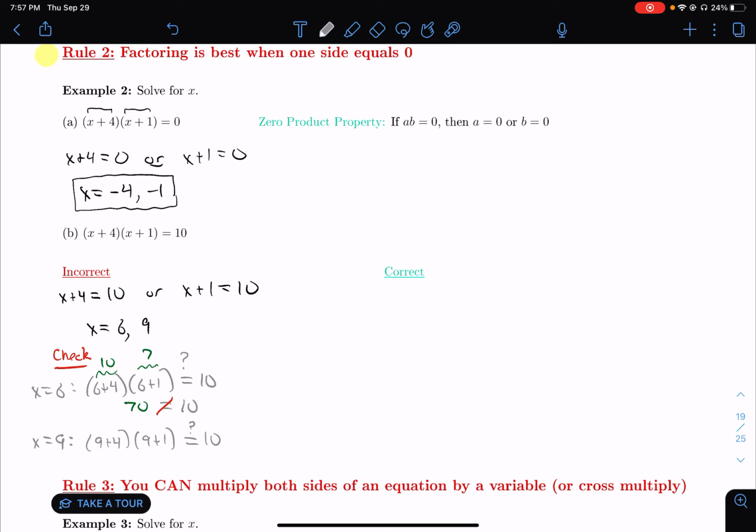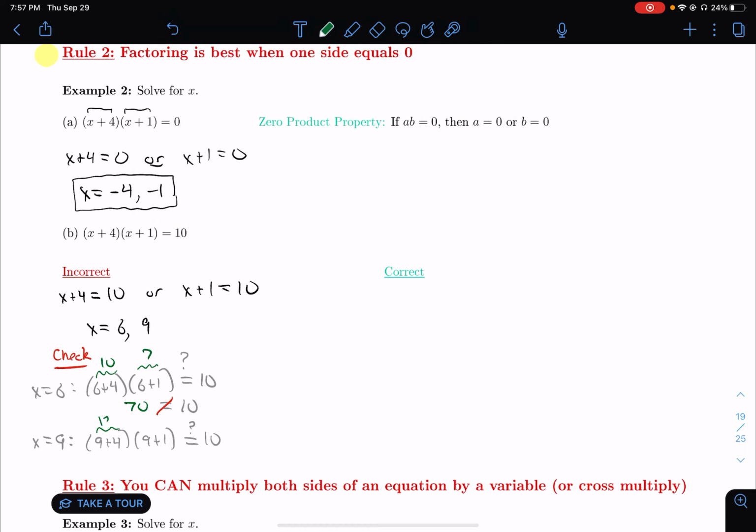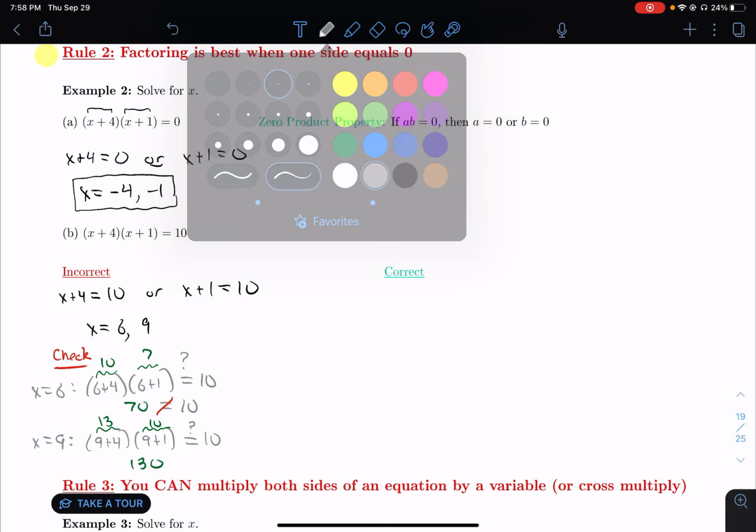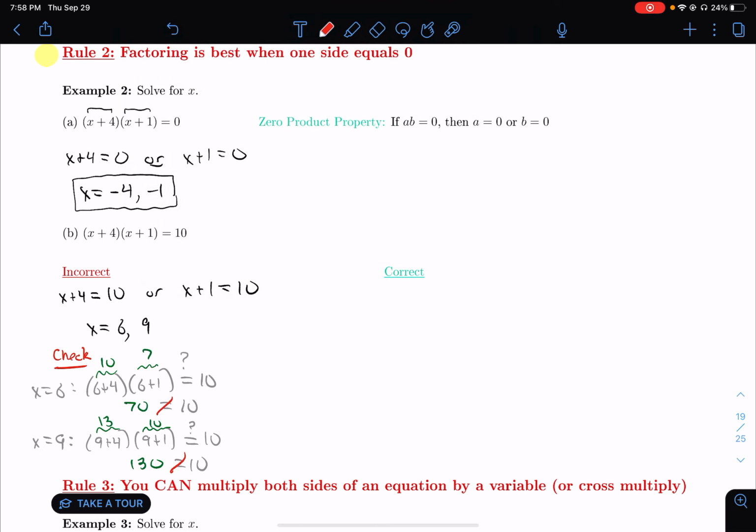Simplifying, 9 plus 4 is 13, 9 plus 1 is 10, and 13 times 10 is 130. 130 does not equal 10. So neither one of these answers is working. Clearly this was incorrect.